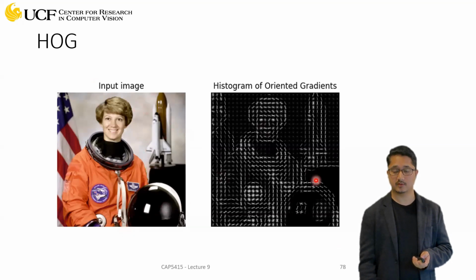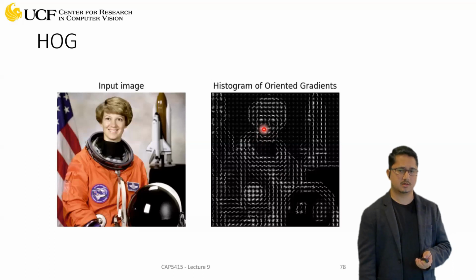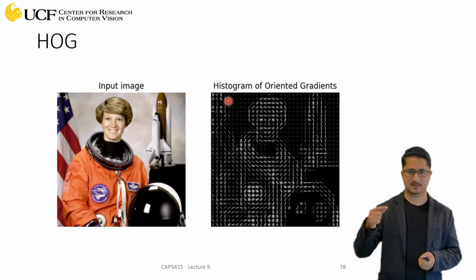And this is one visualization of how HOG features actually look. You can see that it's giving you a good visual of what is present. You can say that, okay, this seems like a woman standing here. The way this visualization was done, I think, is that for each cell you have the histogram, right?